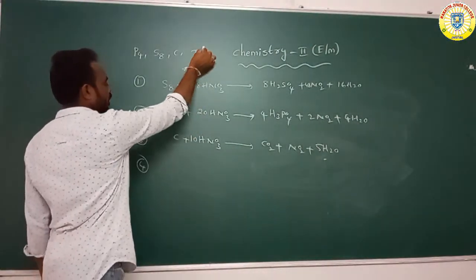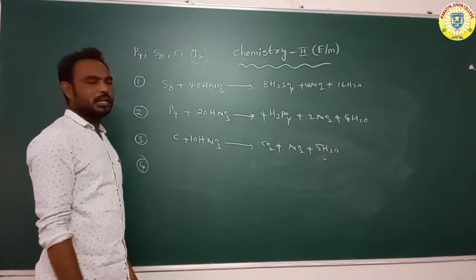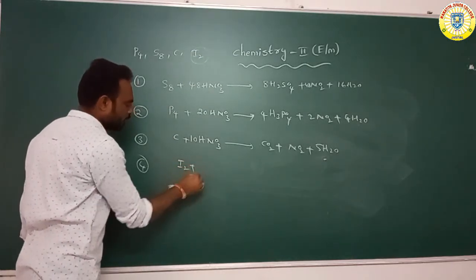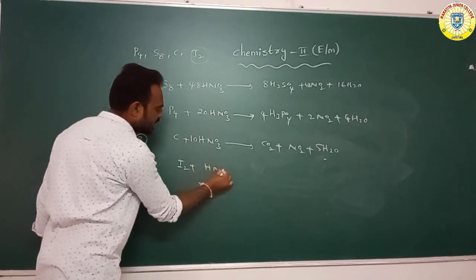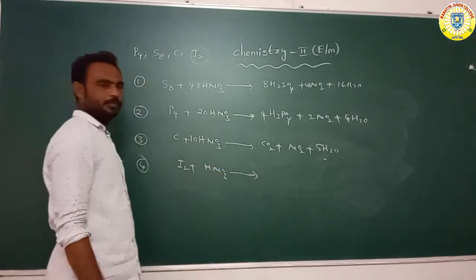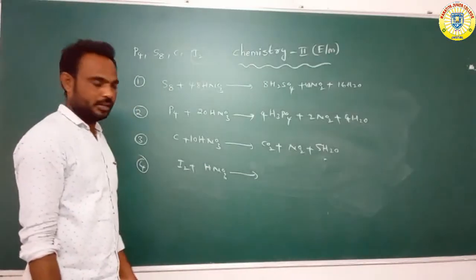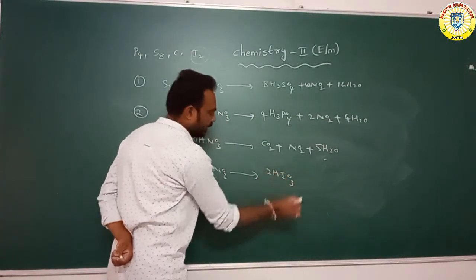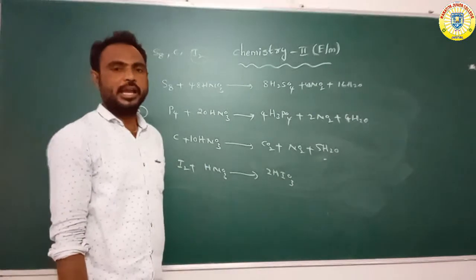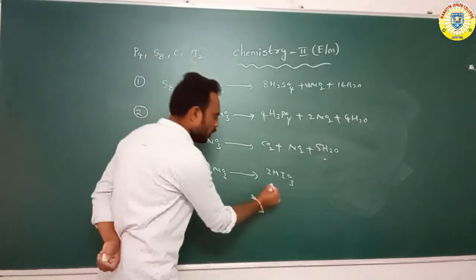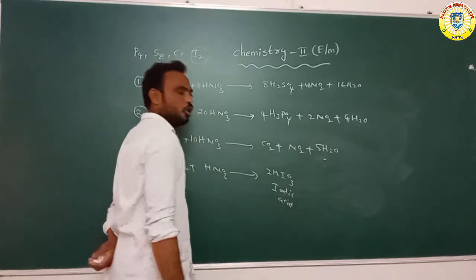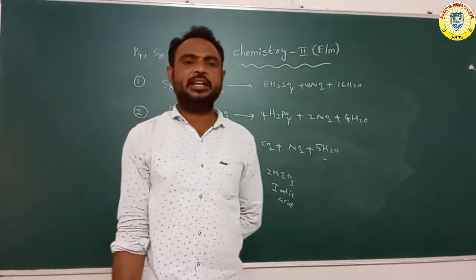Next, fourth one: it also reacts with iodine. Suppose I2 iodine. This iodine reacts with HNO3, nitric acid, to form HIO3. HIO3 is iodic acid. What is the formula of iodic acid?